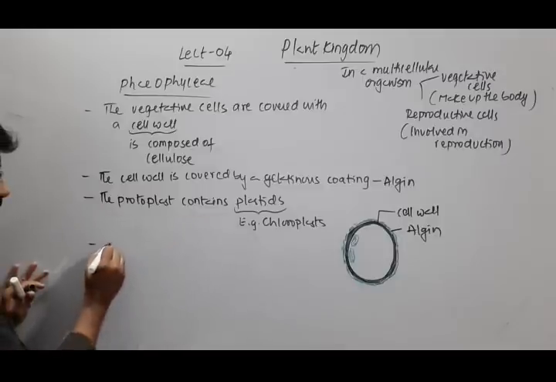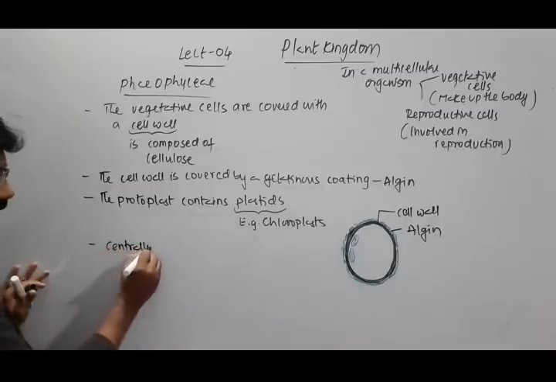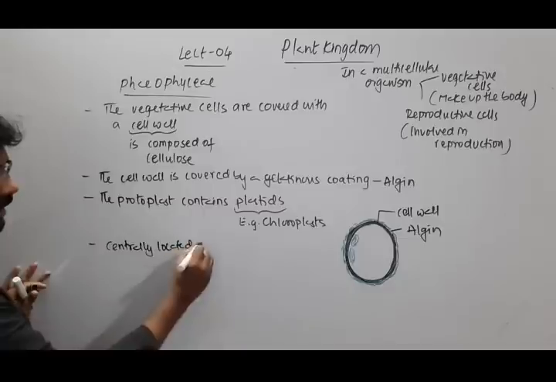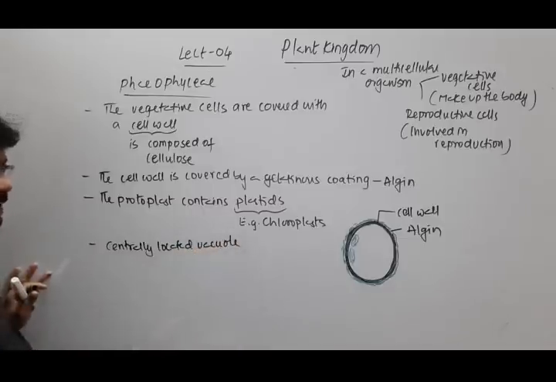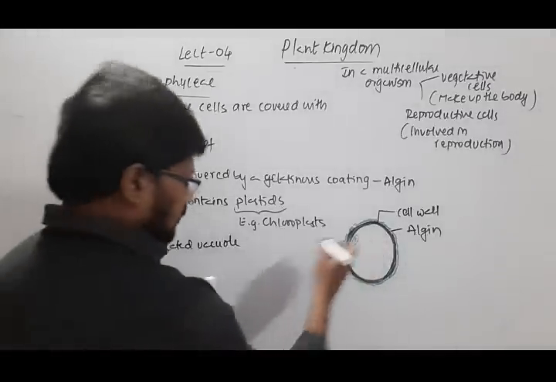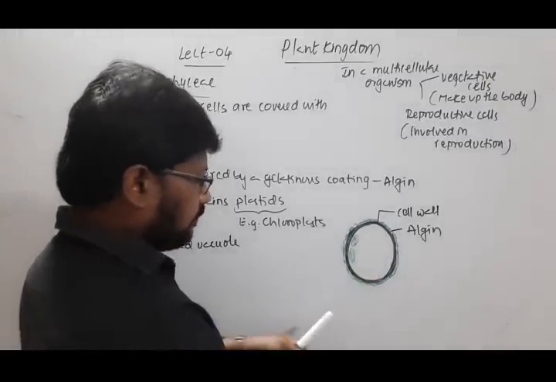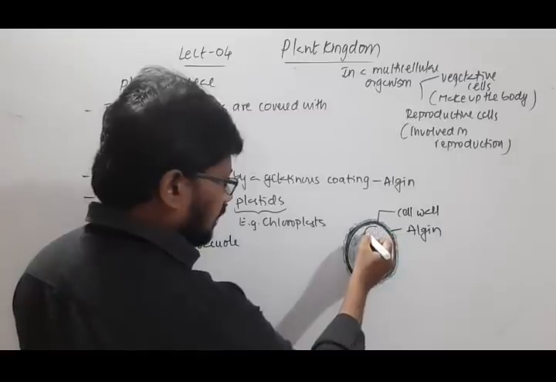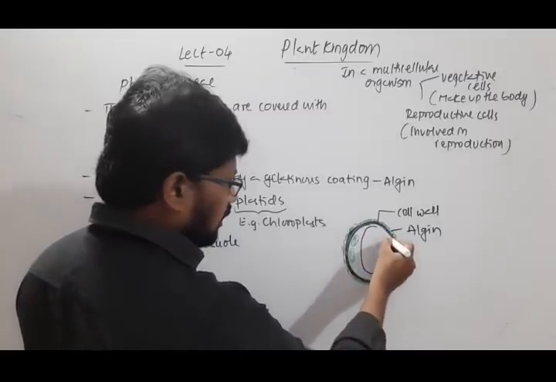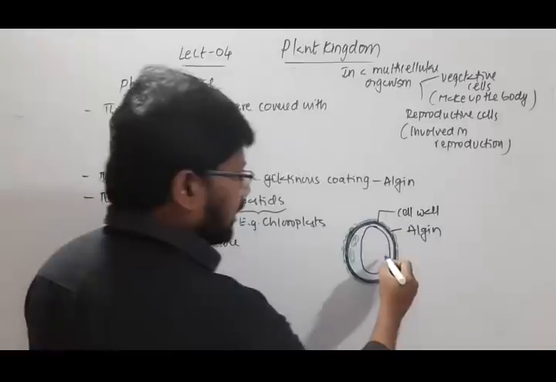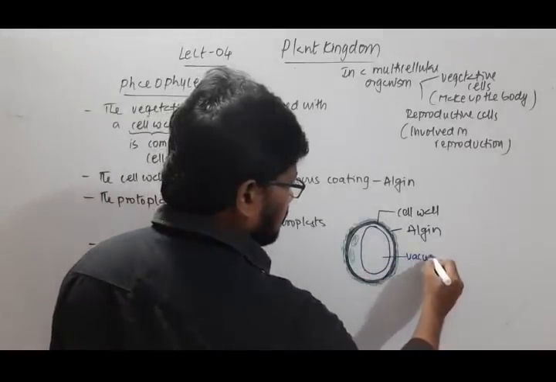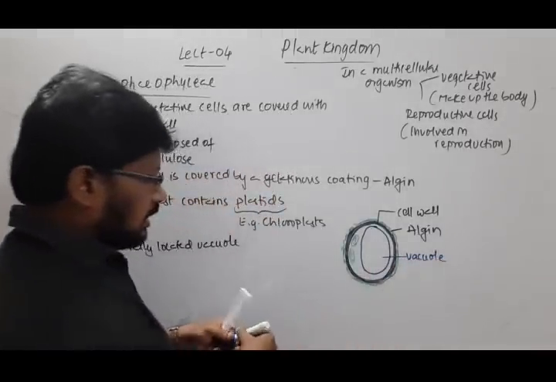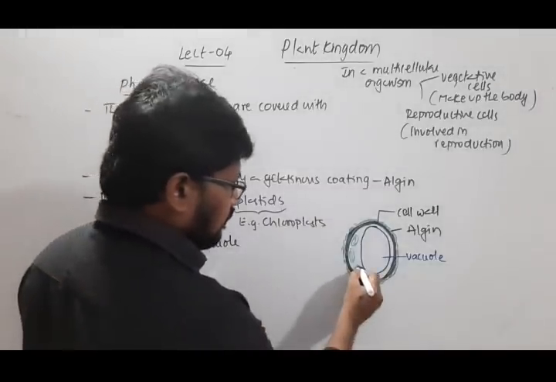So a centrally located vacuole is present, and we will also see the presence of a nucleus. At the center, of course, the major portion is occupied by the vacuole.